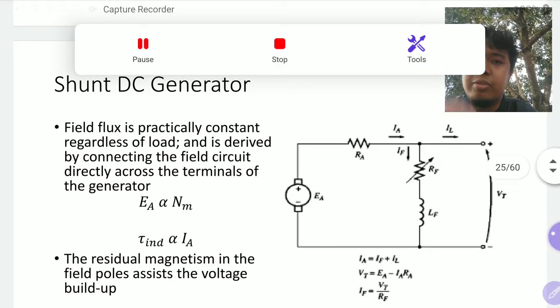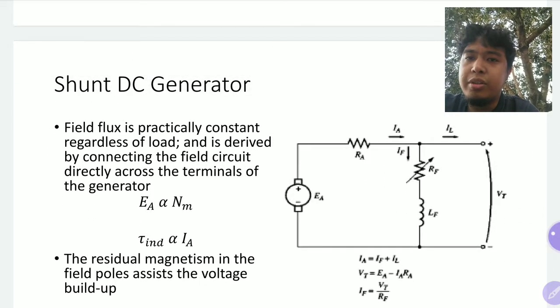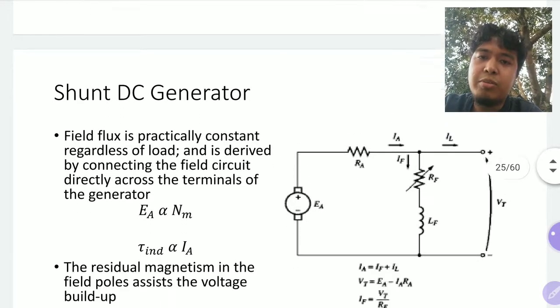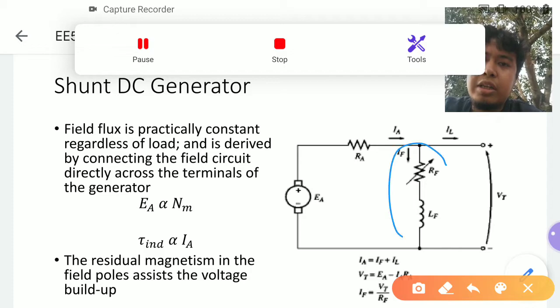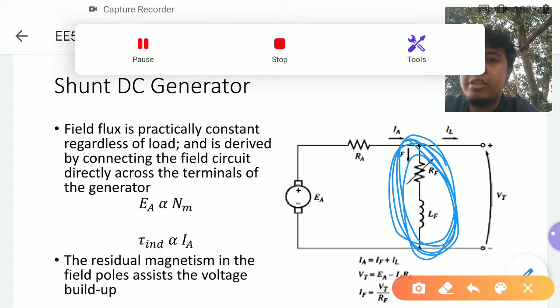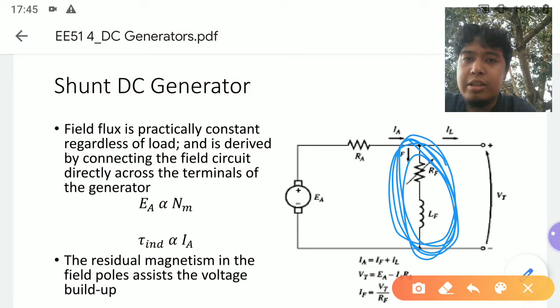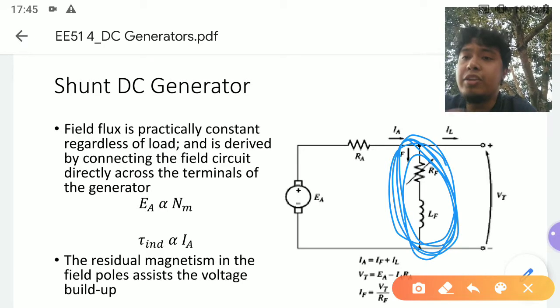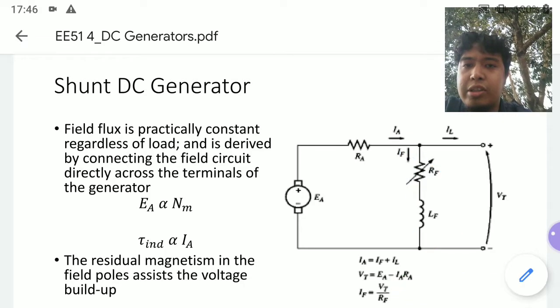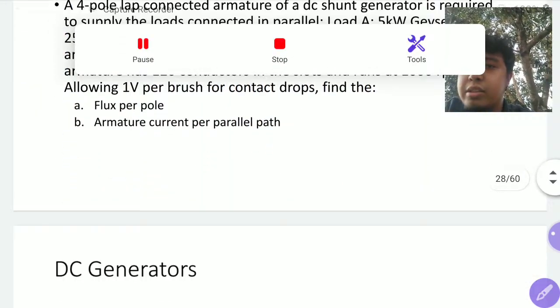Well, if you want to have a good voltage regulation, then it's safe to assume that you have almost constant loss in the field. That's one constant loss. Then the mechanical losses are assumed to be constant. So basically those are the constant losses here.